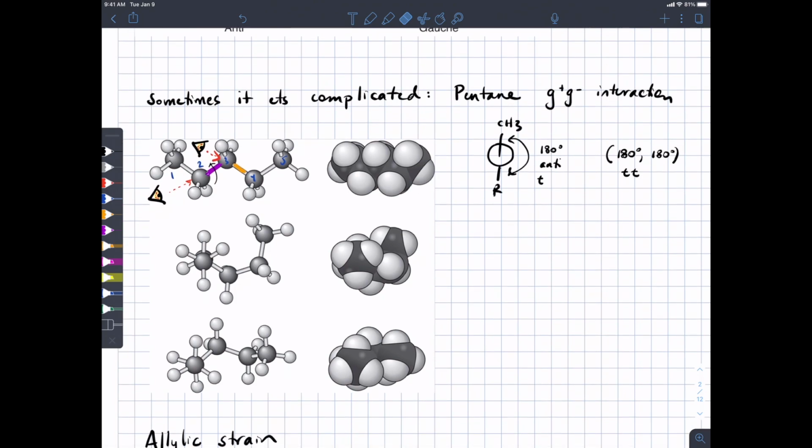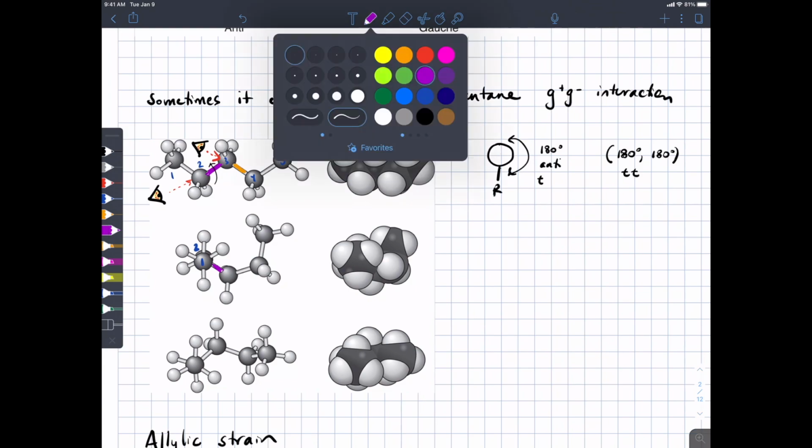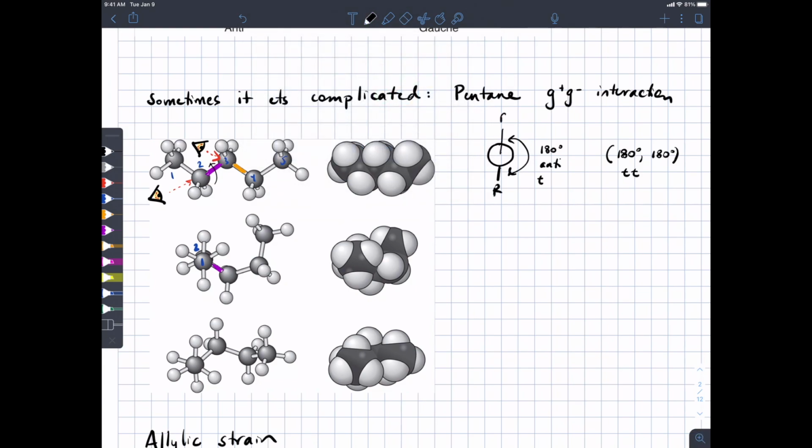Let's look at this other conformation, and this one's kind of difficult because 1 and 2 are in front and behind each other respectively. We want to look down the bond between 2 and 3. I guess this wasn't ever a methyl group, was it? It was like some R group. We want to look down the bond between 2 and 3, and then the bond between 3 and 4.